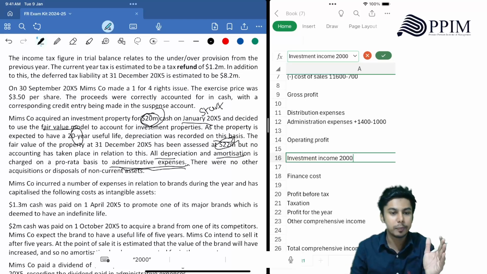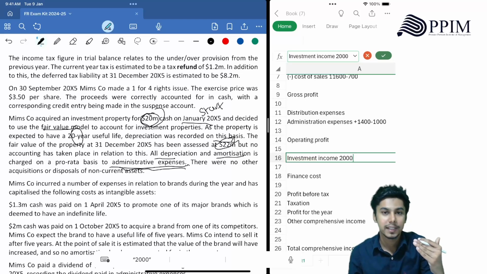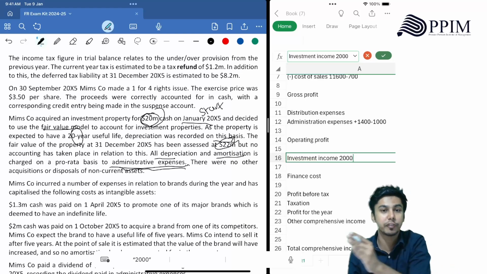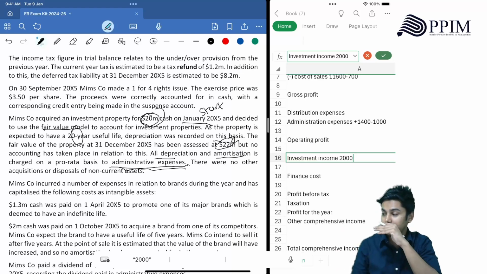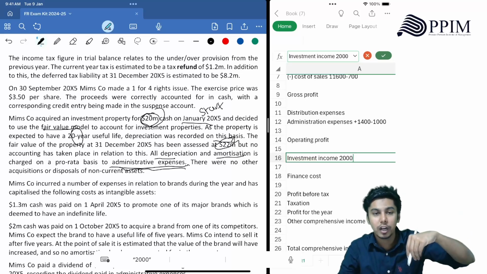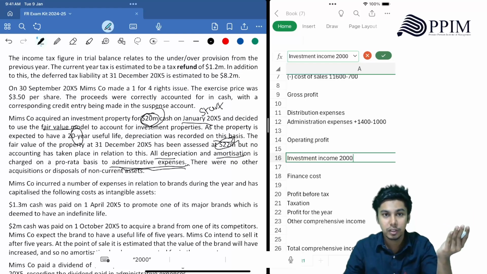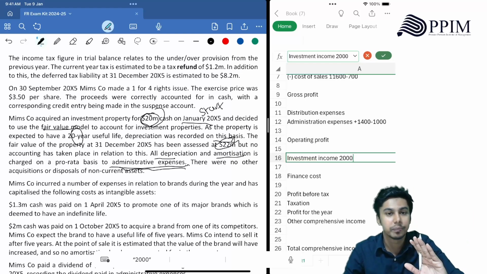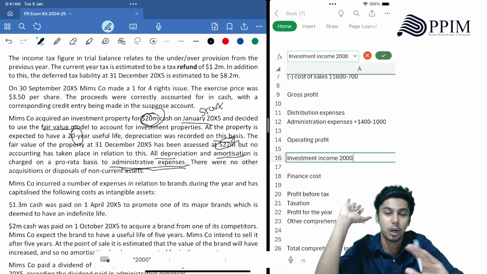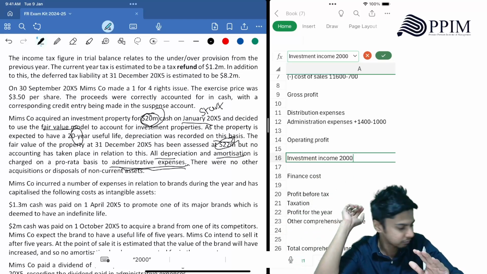The 20 million property became 22 million, a 2 million increase. This is not revaluation surplus. Why? It's coming under IAS 40 fair value model. What does it say? If the property goes up or down, where should we mark? Property going up, other income, not other comprehensive income. If the property is going down, expenses, not inside OCI. You have to mark it inside income and expenses.